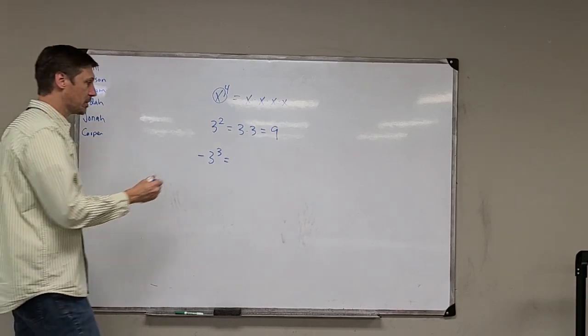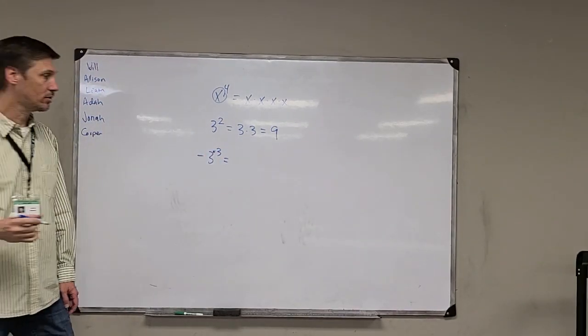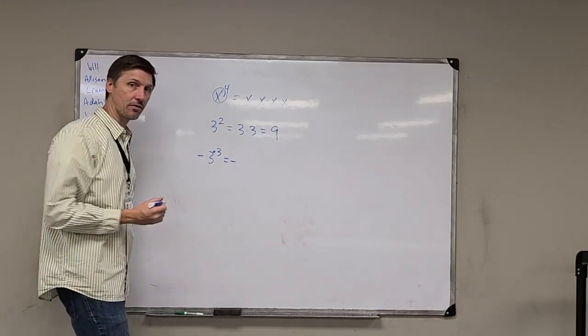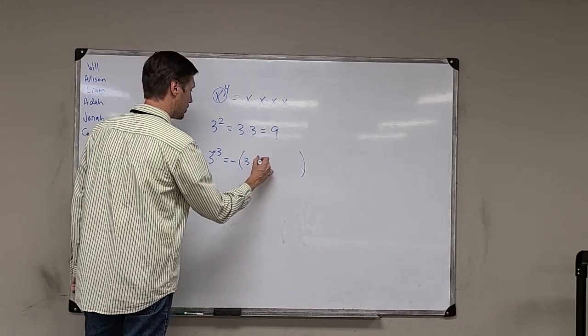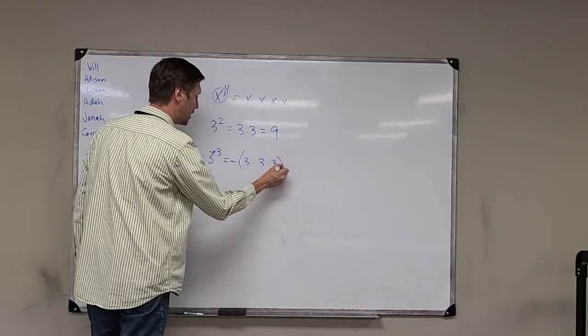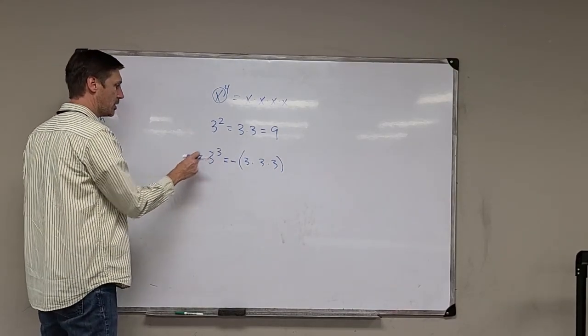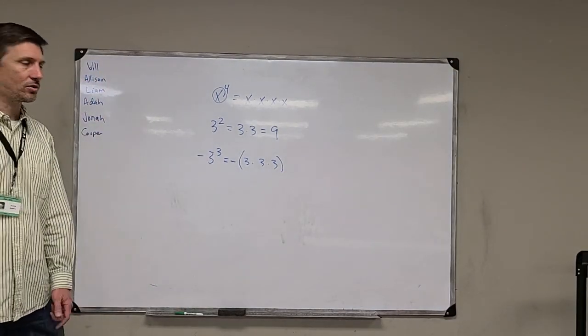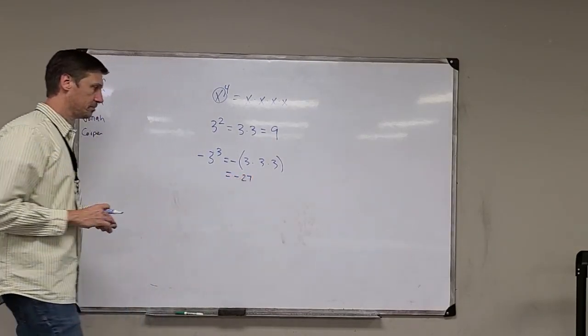The reason is that the exponent only applies to what's directly to the left of it. So we would have a negative sign in the front, and then 3 times 3 times 3. It turns out the overall answer would be the same in this case because it's an odd-numbered exponent. 3 times 3 is 9, times 3 is 27, so our final answer here would be -27.